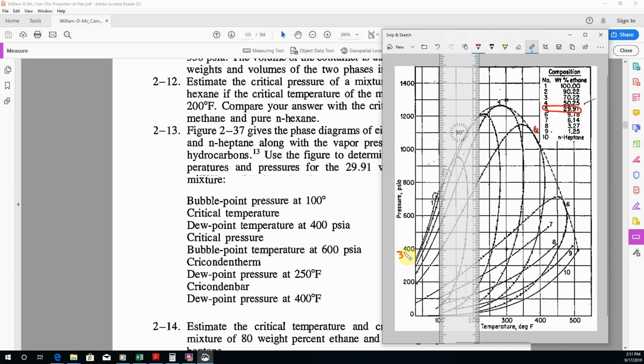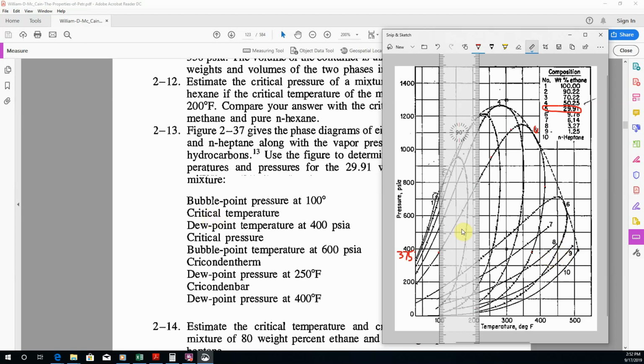That would be the bubble point pressure, because on this side it's liquid, right? As you start transitioning across, you get the vapor point here, and then you cruise on across. You go out the other side. This is gas phase on this side.